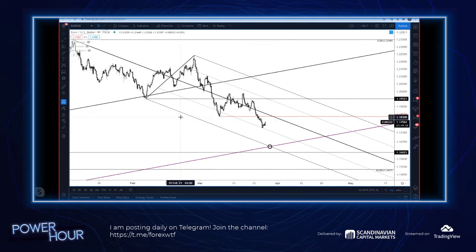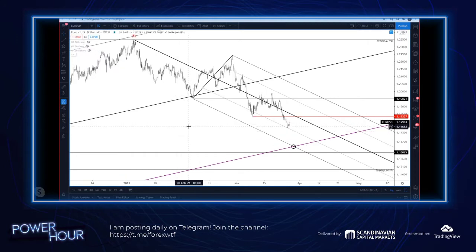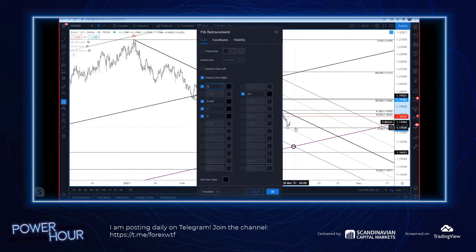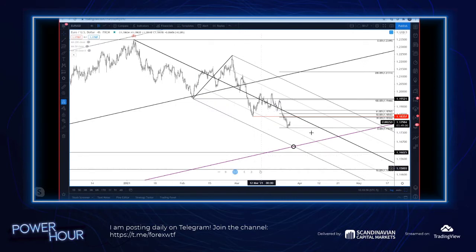If we look at it from a wave count standpoint, just from here, 1, 2, 3, maybe a little 4, 5. See where that 38.2 is. 38.2 is right at 1.1830, so that would make sense. So get a little bounce up in here into 1.1830 or so. Come back down to 1.1640, those two levels.